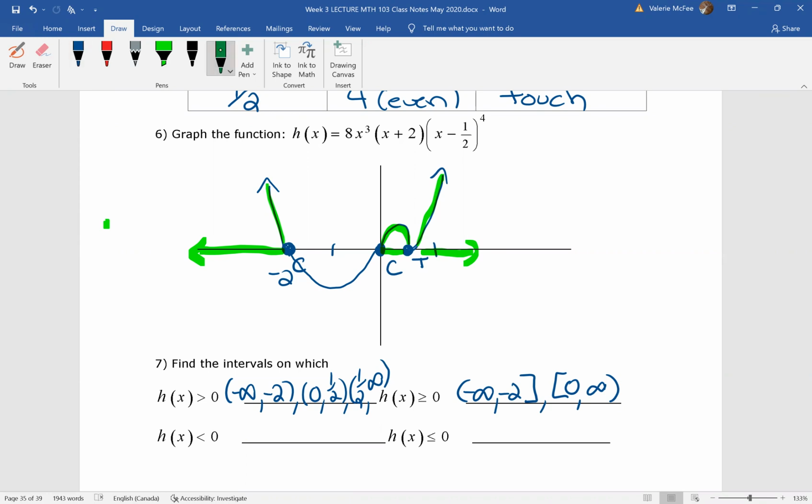Well, that's from -2 to 0. That's it. Less than or equal to 0? -2 to 0. And at that point, 1/2. Don't forget about that one.